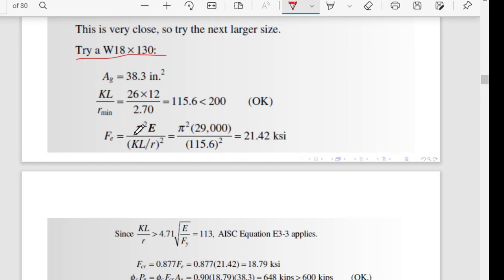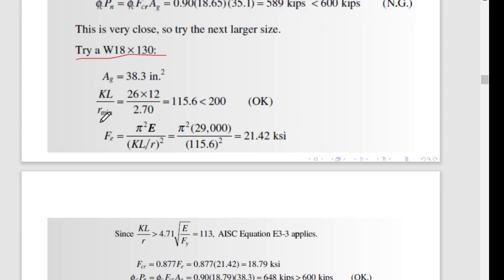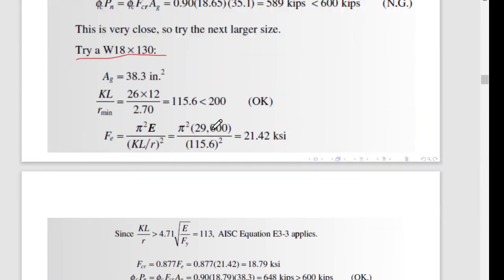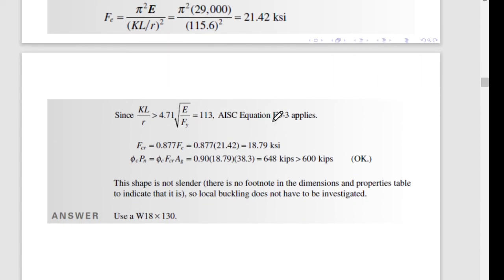Then compare again the slenderness ratio KL over R to 4.71 square root of E over Fy. It is still greater, because it is 115.6. Use AISC equation E3-3 again, or ECP 205.3-3, where FCR is equal to 0.877 FE.